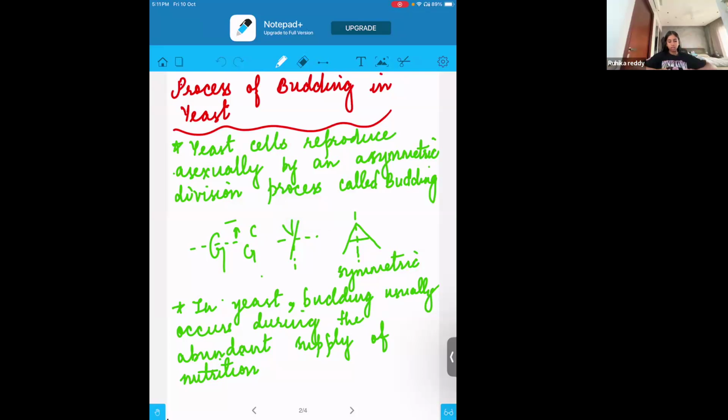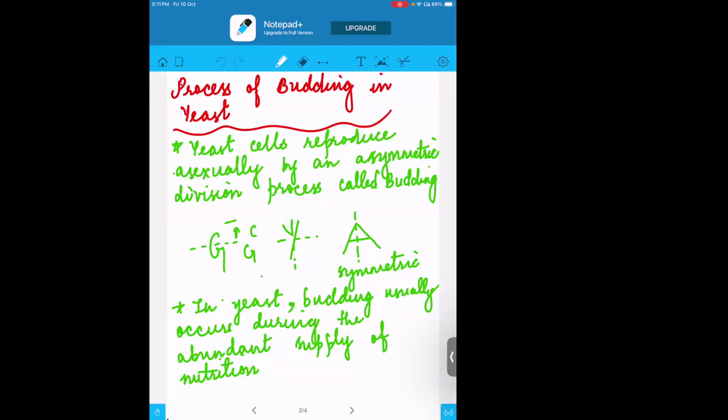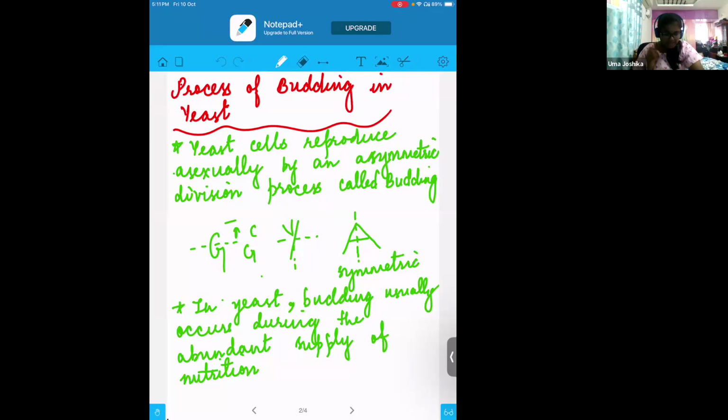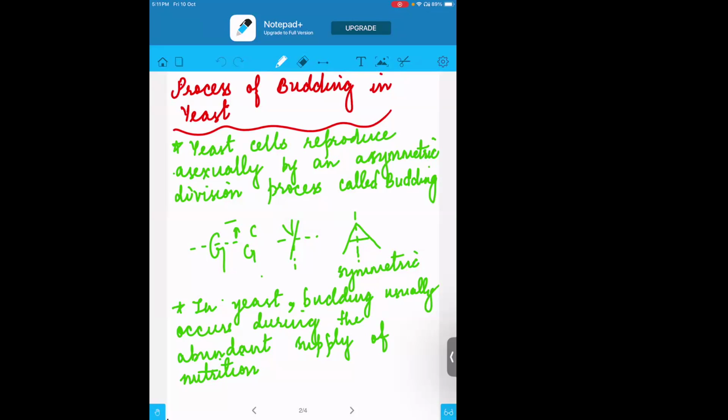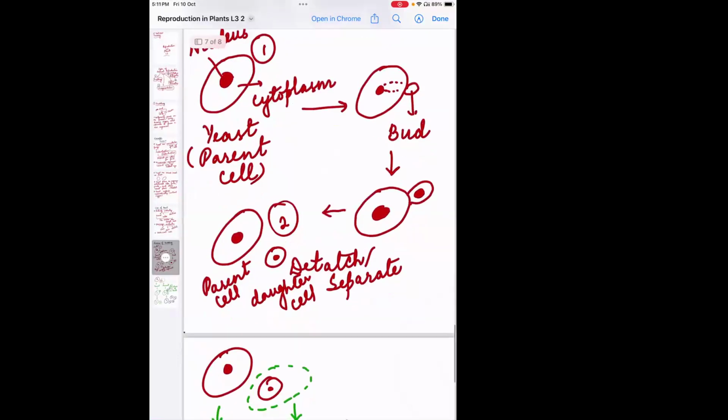Ma'am, I already did the diagram for the nucleus splitting and everything else. Okay, great. Charvi, is it done? 1 minute, ma'am. Ma'am, actually, before class, we already did the diagram. Let me see whether it was appropriate or not. Just a minute.